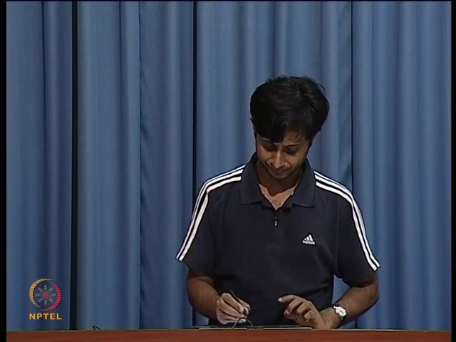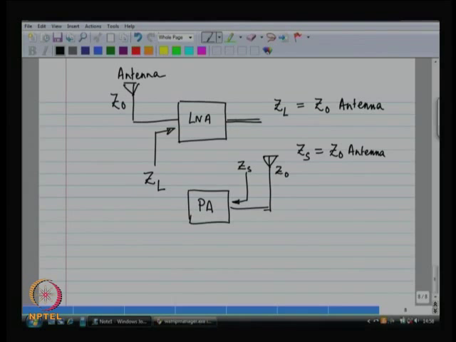So, this is something very important for us. What else? Suppose you have made the low noise amplifier, the next block is the mixer, and between the low noise amplifier and the mixer there has got to be a wire, right? What would you want to do? You would want to make sure that the output impedance of the low noise amplifier is equal to the characteristic impedance of the wire, which is equal to the input impedance of the mixer.